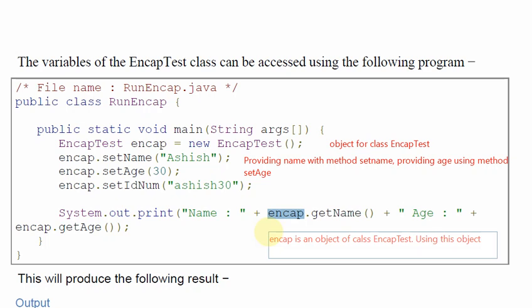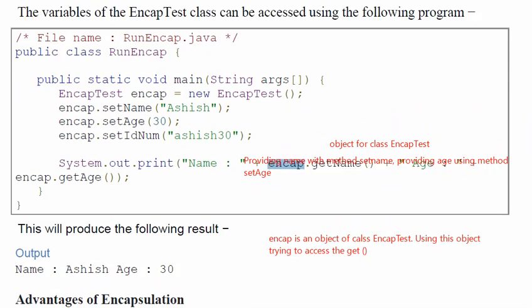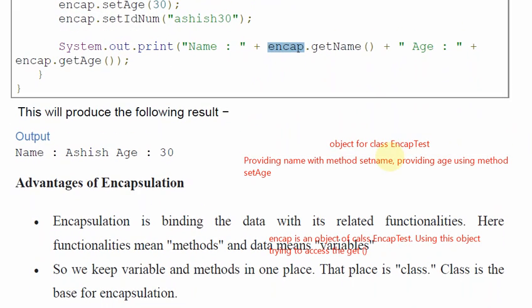Using this object, I am accessing the get method, so we can easily print our name and the age.